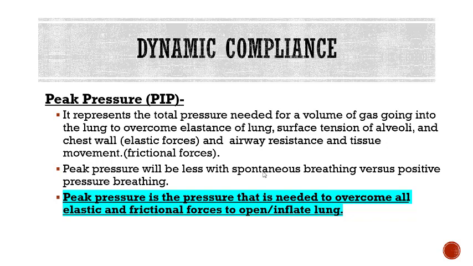As your lungs are opening and going back down to their original position, there's a level of friction with that movement that you want to keep at a minimum so that you're not having to use a lot of pressure to open the lungs. So your peak inspiratory pressure, or your PIP, is the total pressure needed for the gas to go in and overcome the elastic forces and the frictional forces.